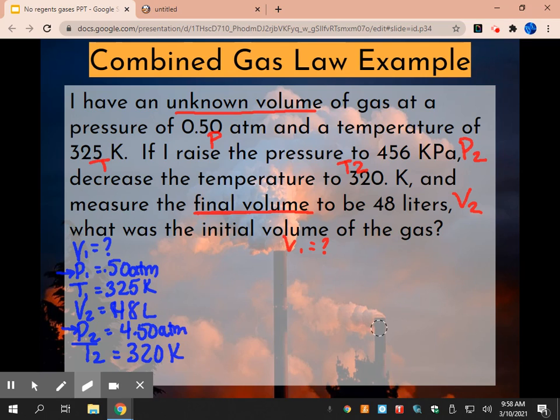Okay, so now I'm going to plug it into the formula. I'm going to write a little small because I didn't leave myself a lot of space. I'm going to be using the combined gas law. So my P1 is 0.50 atm. My V1 is my question mark. My T1 was 325 Kelvin.